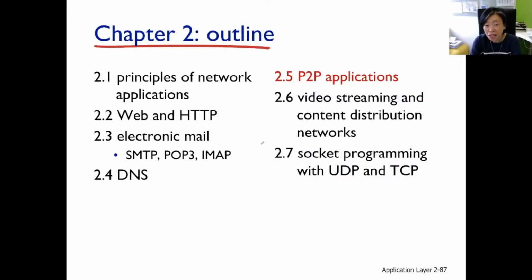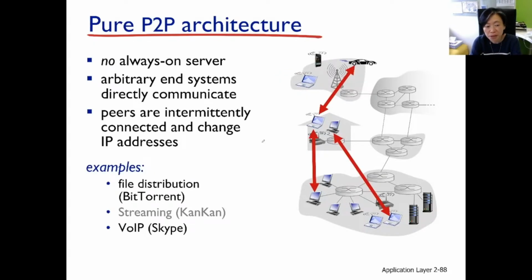P2P applications. To be honest, this is one of my favorite sections in Chapter 2. All right, so P2P architecture. As opposed to the very simplistic client-server architecture where we have always-on service, in P2P, there's no more always-on servers. Instead, we just have these arbitrary peers directly connecting to each other, communicating to each other.